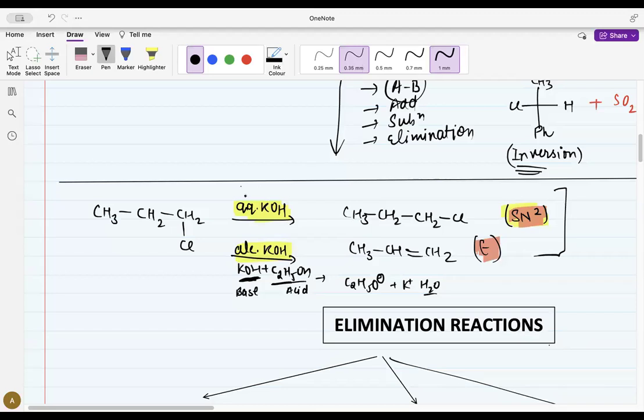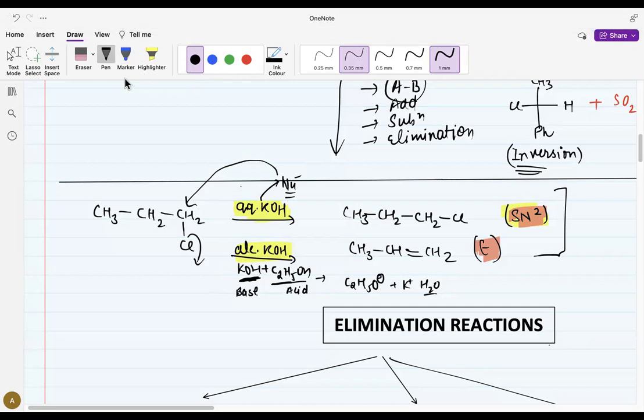So whenever we have aqueous KOH, this will act as a nucleophile and will attack on carbon to remove Cl. This you all know. This will attack on carbon to remove Cl by any mechanism.